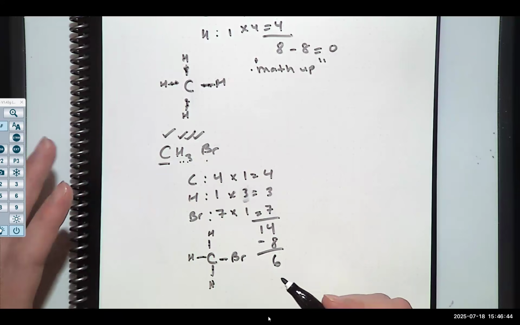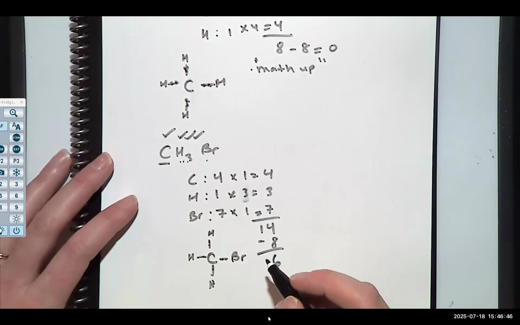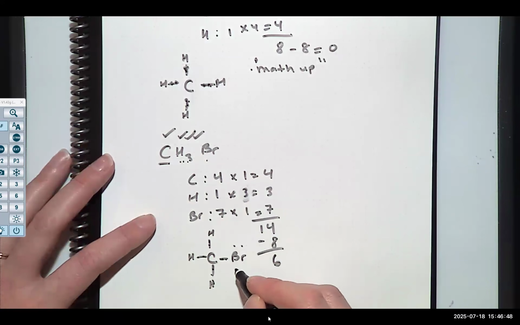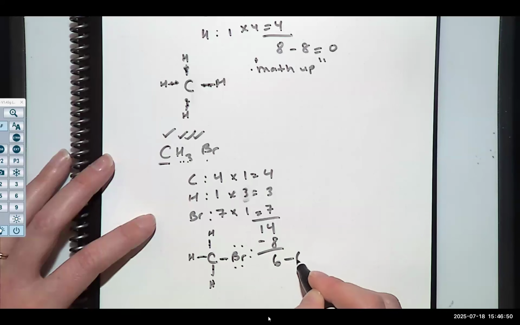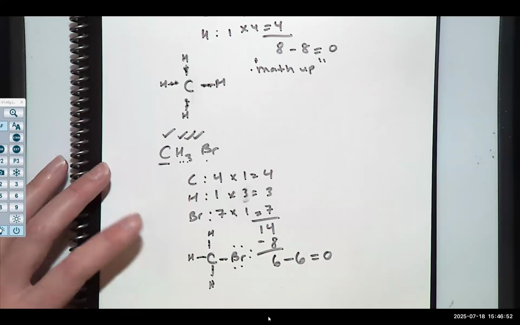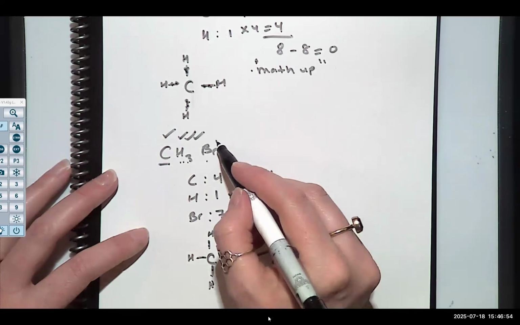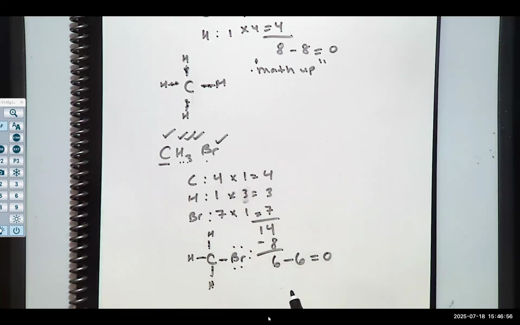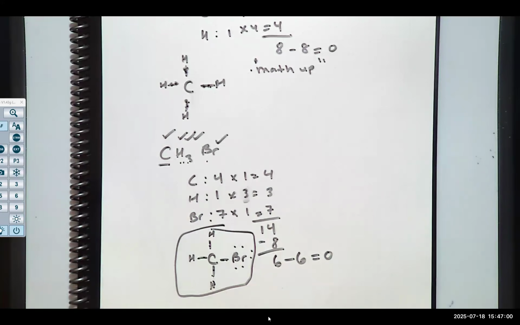So it's lacking 6 electrons to make up its octet. So we can just go ahead and put those 6 electrons that we had right there. And now we're at 0. And now bromine has a full octet. So hopefully this is the structure you got. Looks like this. Okay, I'll stop this video here and then we'll go on to the next question or the next unit.